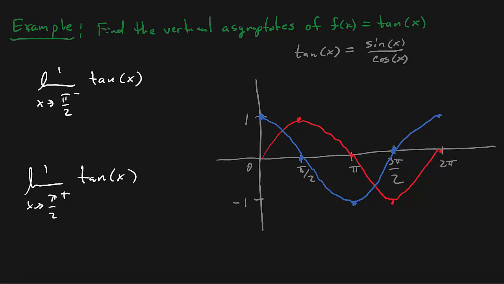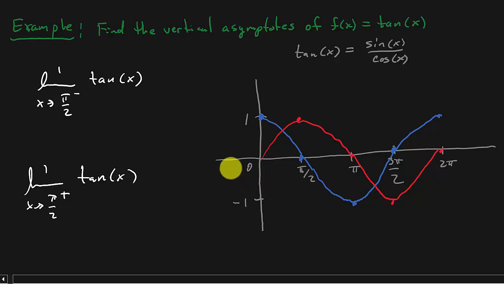All right, so if I'm taking the limit, let's approach pi over 2 from the left-hand side. Okay, so you can see as I get closer and closer to pi over 2 from the left, do you see that sine pretty much has a y value of 1? But look at cosine. What's cosine doing?